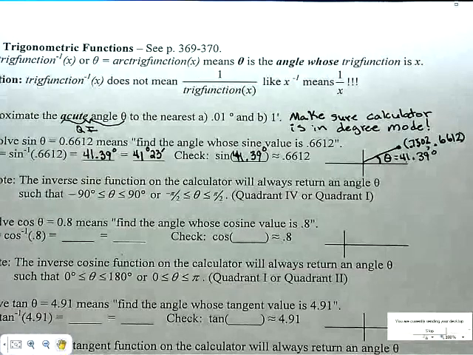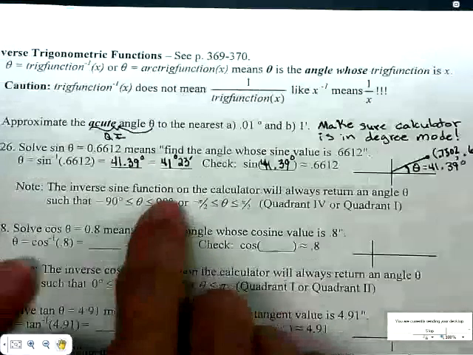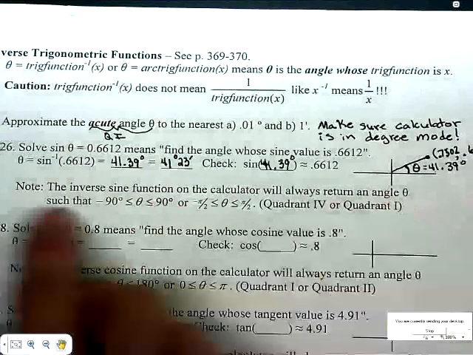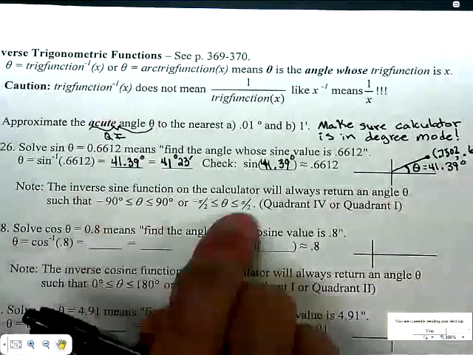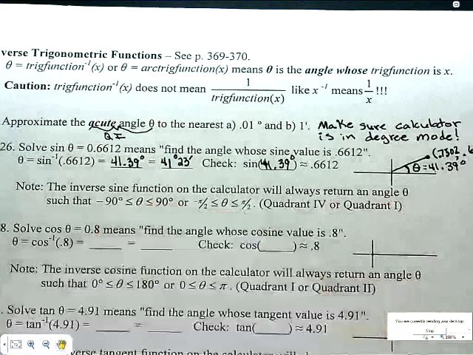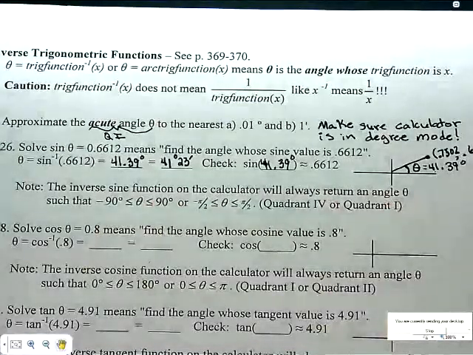All right. This note: the inverse sine function will always return an angle, theta, such that theta is between negative 90 degrees and positive 90 degrees, or theta is between negative pi over 2 and positive pi over 2. We haven't talked about the graphs of the trigonometric functions yet. That's coming up in 5.5. But the sine function is cyclical. It repeats.